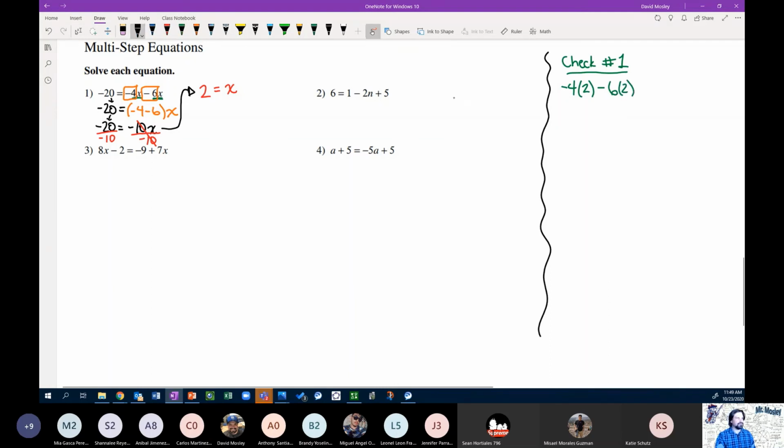The 2's come from here, saying it's equal to x. In my original, these were both x's, so they get replaced with the 2. -4 times 2 is -8, minus 6 times 2, which is 12. -8 minus 12 is -20. So it works.